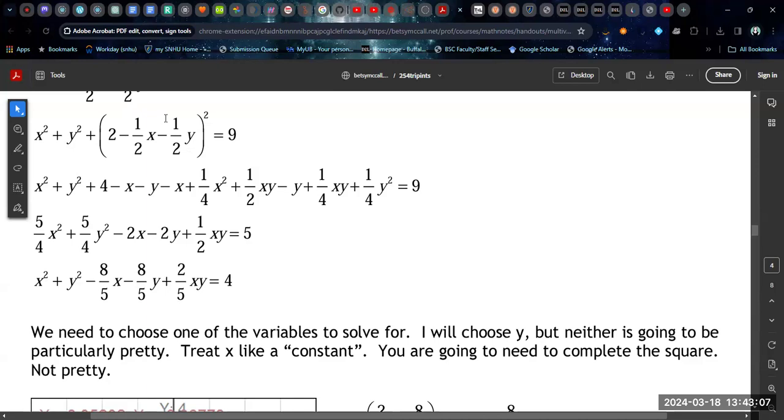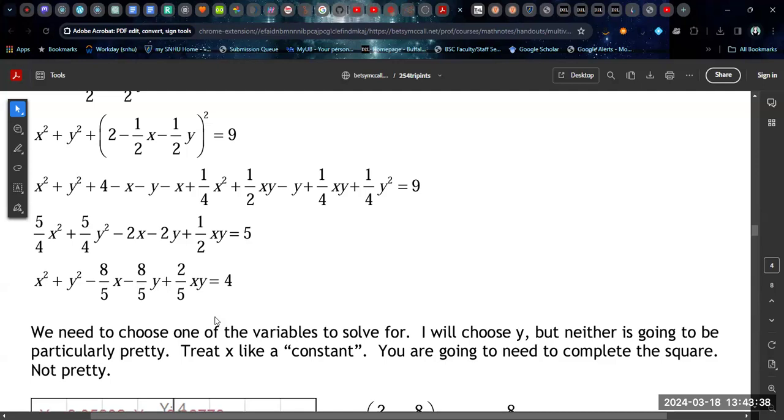You have to square this out by FOILing, and then you get all these extra terms, and you combine like terms, and you get this equation that has this xy term in it, which just doesn't look great. And finally, if you try to simplify this a little bit, getting rid of these coefficients, you end up with this expression.